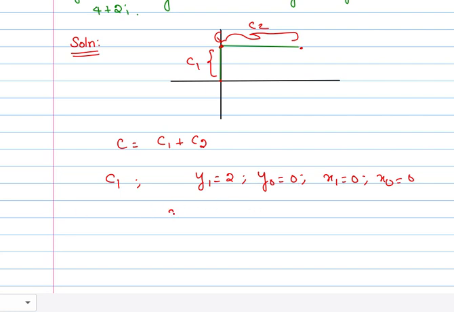X equal to 0, y equal to t, where t lies between 0 to 2. This implies z of t equals i times t, then z prime of t is simply i along the curve C1.